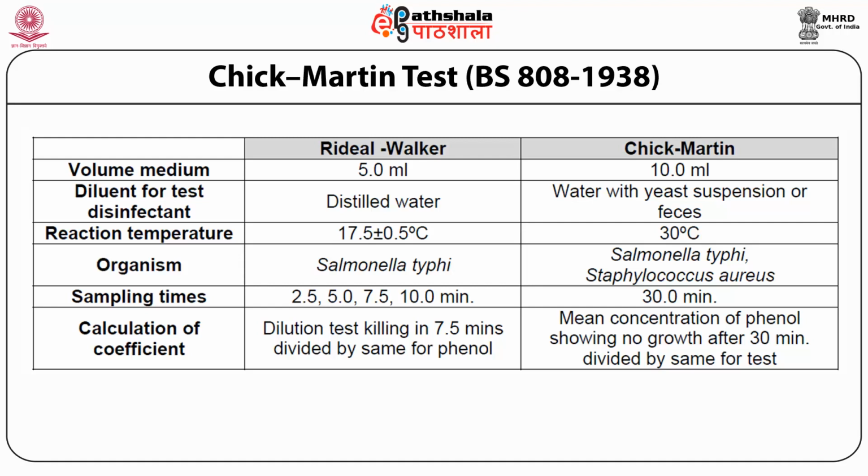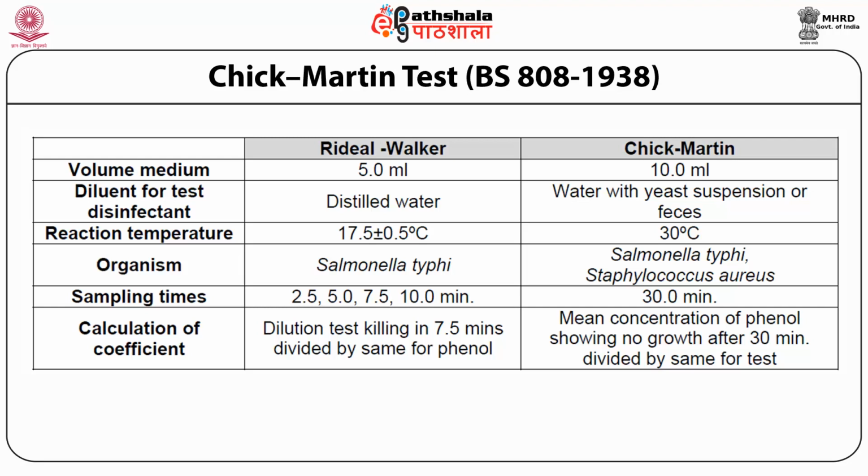The reaction temperature for Rideal-Walker is 17.5 and for Chick-Martin it is 30 degrees centigrade. That means the contact between the disinfectant and the microbe is carried out at 17 degrees centigrade for the Rideal-Walker test and 30 degrees centigrade for the Chick-Martin test. The microbial cell used in the Rideal-Walker test is Salmonella typhi, whereas for Chick-Martin it is Salmonella typhi or Staphylococcus aureus.